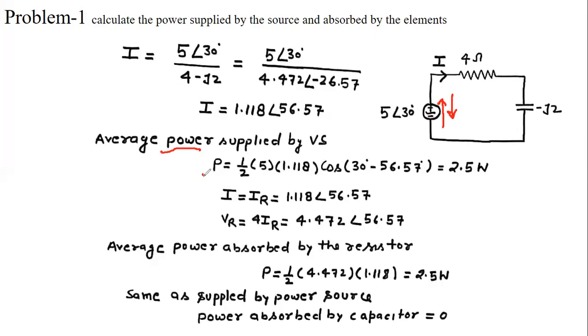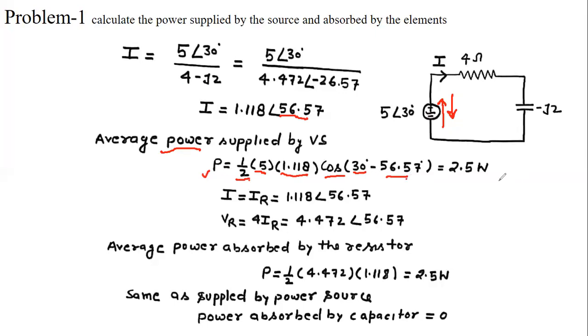So power is 1 by 2 Vm Im cos (theta v minus theta I). Half is the first factor, the voltage value Vm is 5, the current we have calculated as 1.118, and the angle is theta v minus theta I, which is 30 minus 56.57.